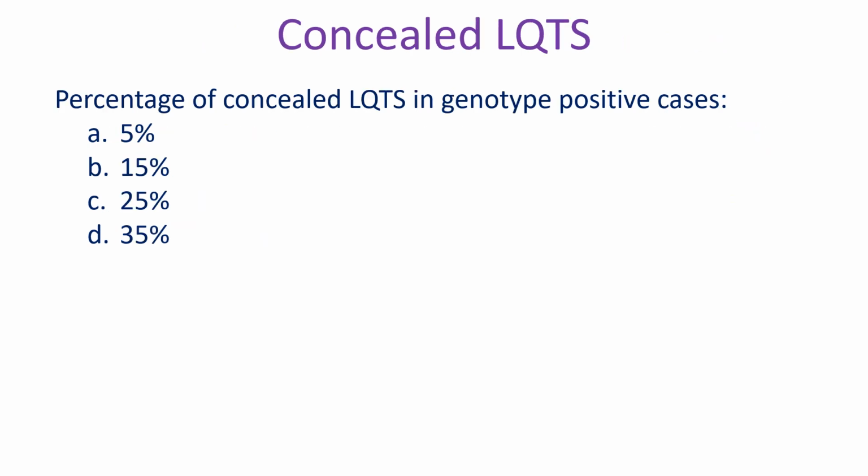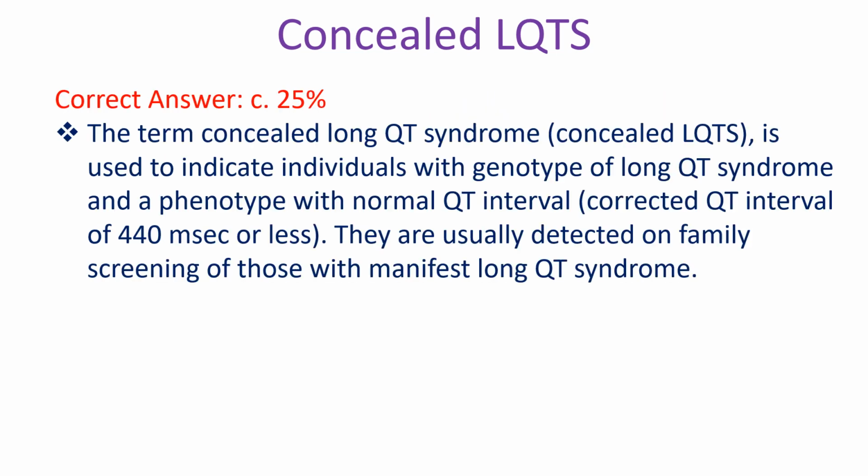Percentage of concealed LQTS in genotype positive cases: A 5%, B 15%, C 25%, D 35%. Correct answer C 25%. The term concealed long QT syndrome is used to indicate individuals with genotype of long QT syndrome and a phenotype with normal QT interval.